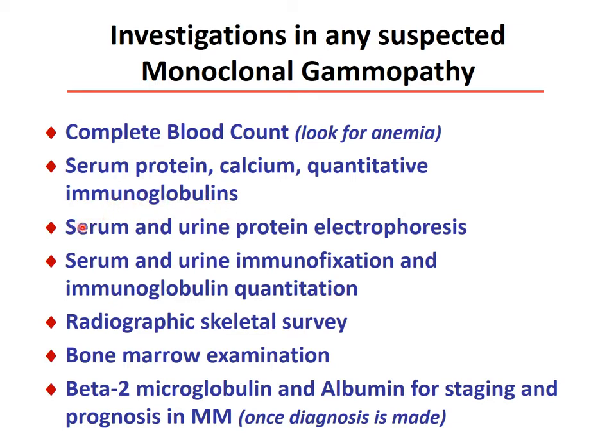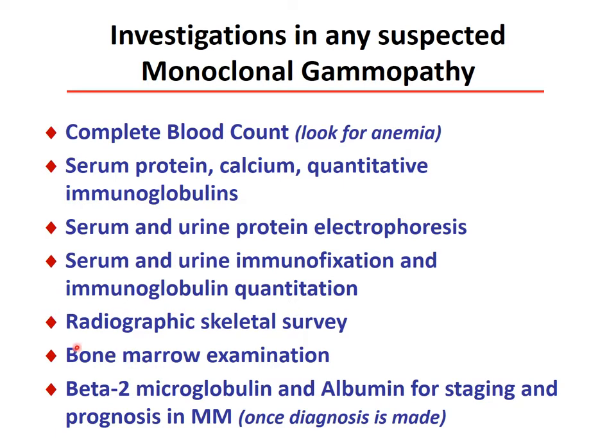You should check the serum and urine protein electrophoresis that's showing this M protein, or immunofixation, when we are using an antibody against this kind of immunoglobulin that is produced, and this is very sensitive to detect any changes.